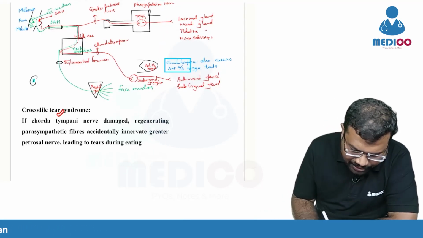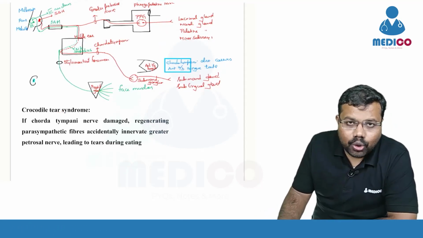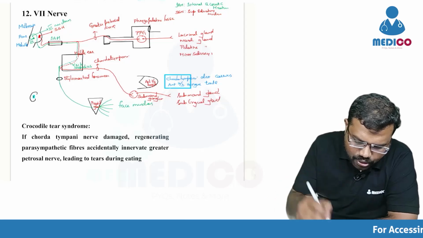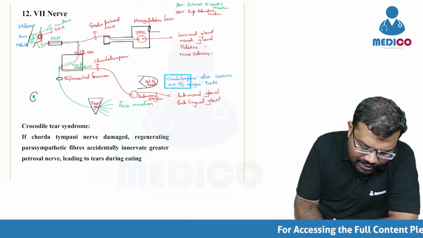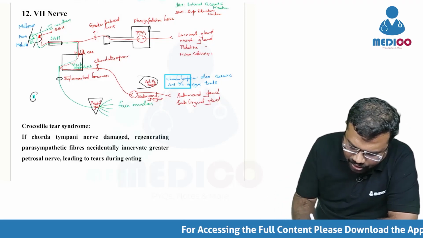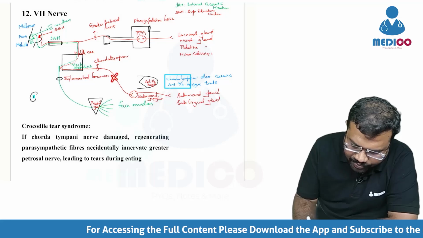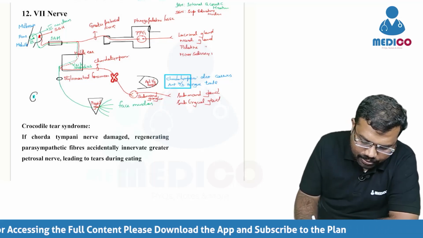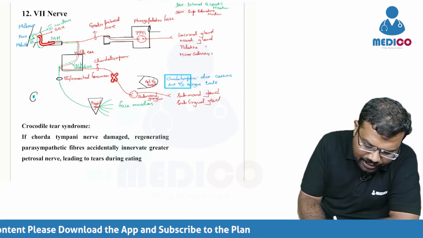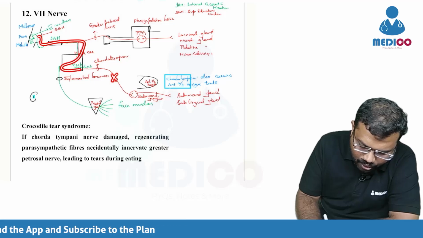And one more syndrome related to the facial nerve is called crocodile tear syndrome. What is crocodile tear syndrome? Whenever there is damage to the chorda tympani fibers, the regenerating fibers will come down all the way like this.